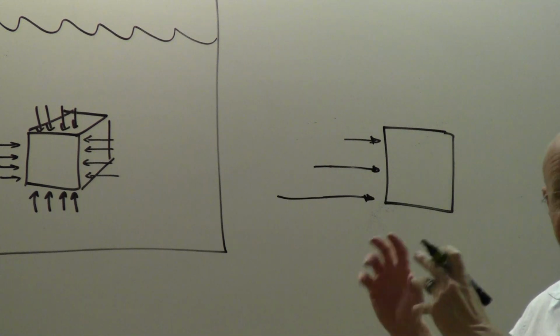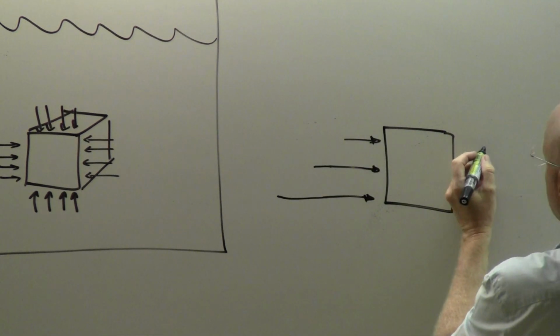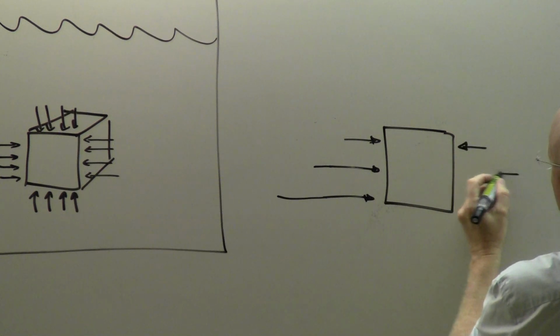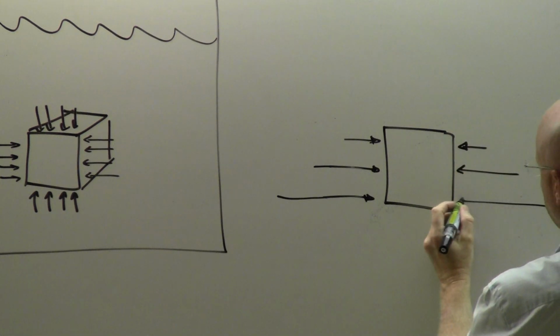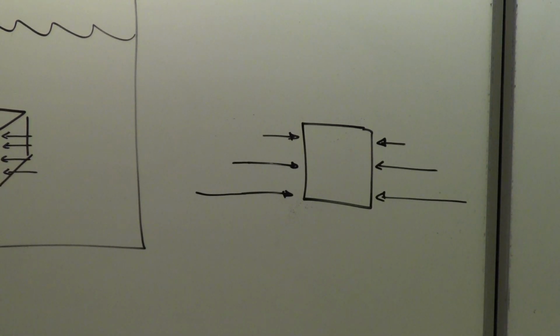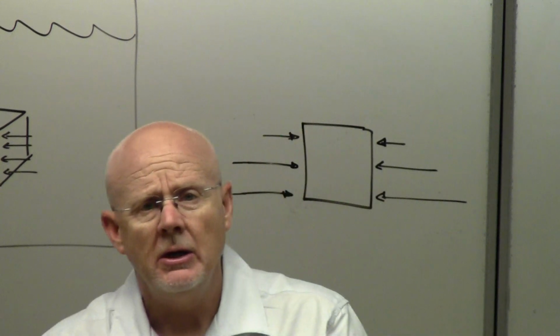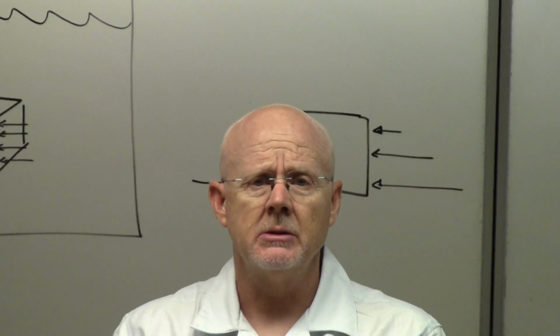So the water molecules on the left are pushing it to the right. But these water molecules that are on the right of the box are pushing the box to the left. And again, they get bigger as you get down. But conceptually, I hope you're seeing, wouldn't those be balanced?